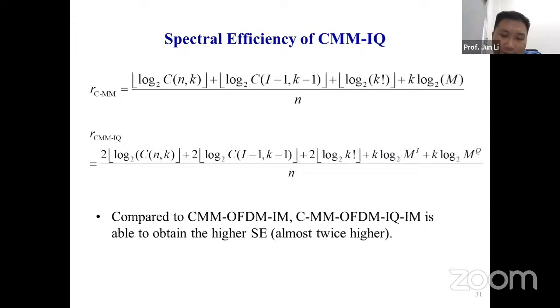So the complexity is considerably higher than the composite multiple mode IM, but with better performance. So it is also a kind of trade-off scheme.